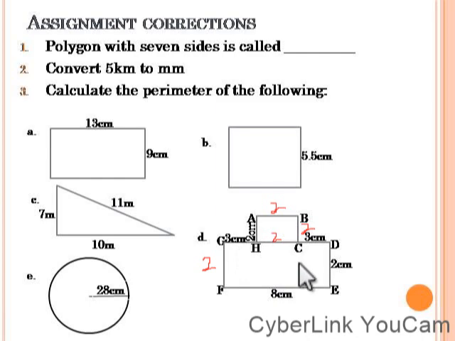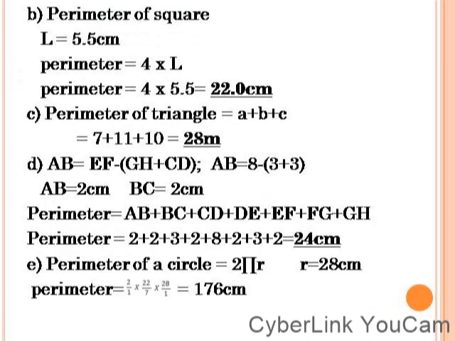Now here is where I demonstrated it quite clearly so that you can see it's much clearer. Here are the solutions. That's 2 plus 2, 4, 4 plus 3, 7, 7 plus 2, 9, 9 plus 8, 17, 17 plus 2 will give us 19, 19 plus 3 will give us 22, 22 plus 2 will give us 24. That means the answer to that question is 24 centimeters.